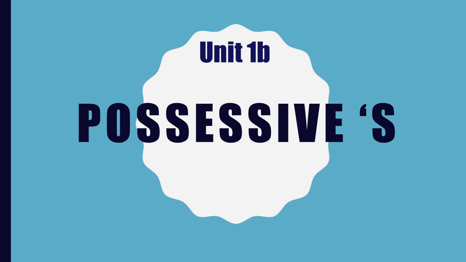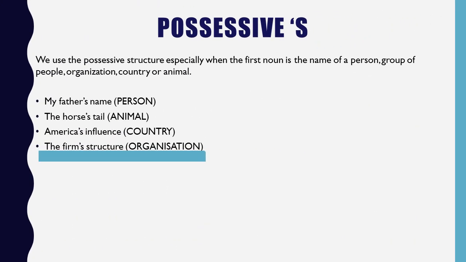Our next topic about Unit 1B is the possessive with apostrophe S, or genitive case. When we use possessives with apostrophe S or the genitive case, it's especially when the first noun is the name of a person, group of people, organization, country, or animal.